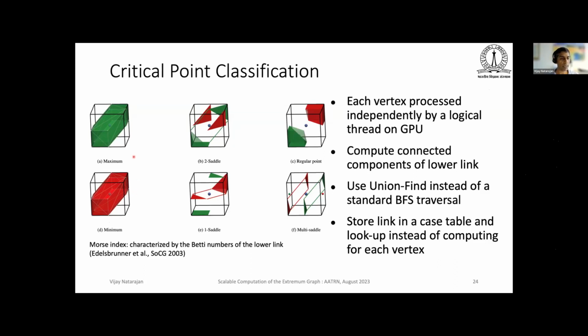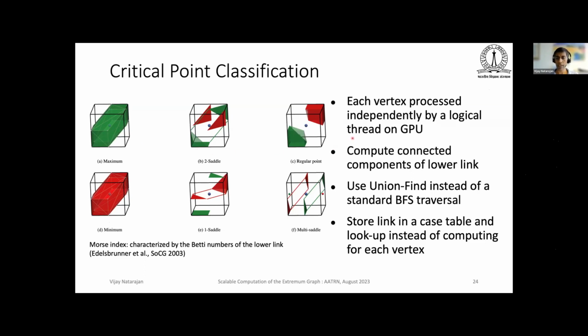So what we can quickly see is that the Betti zero of the lower link and the upper link provides an equivalent characterization, and this is what we use to locate the critical points and to further classify them.